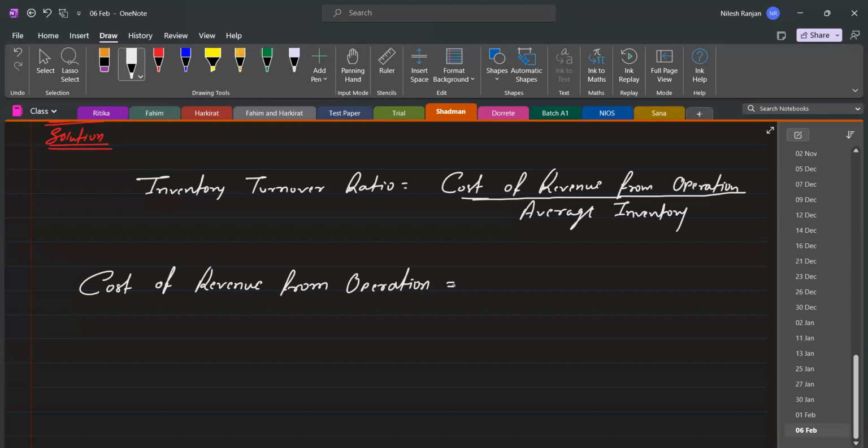One was opening stock plus purchase plus direct expenses minus closing stock, and the other is revenue from operation or net sales minus gross profit. So revenue from operation is given in the question, that is total sales, and gross profit is also given. So minus gross profit.